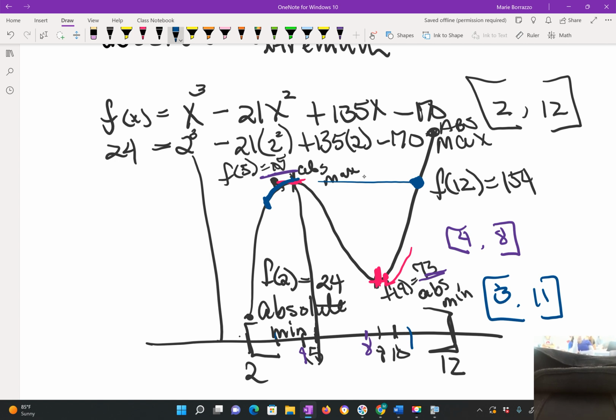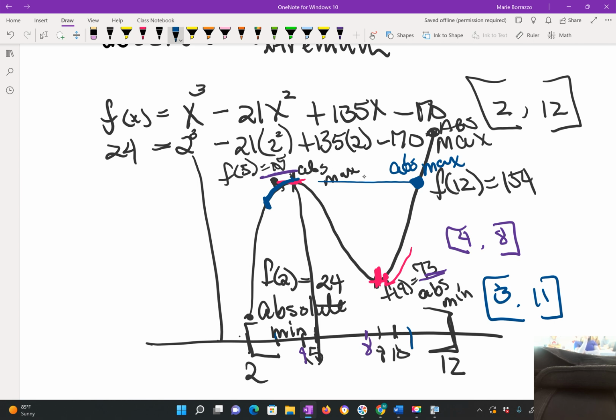In this case, it's also an absolute maxima. So that's also an absolute max in the event they were looking at the values 3 to 11. So in essence, they're looking at windows, different intervals. It's the interval that's really dictating what's happening here.